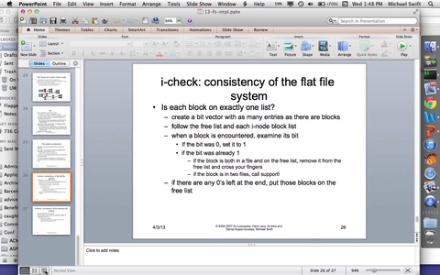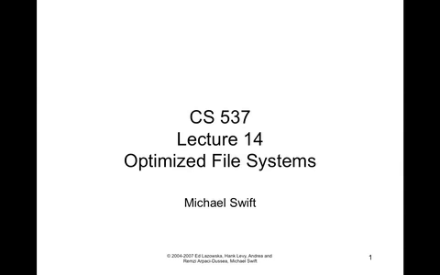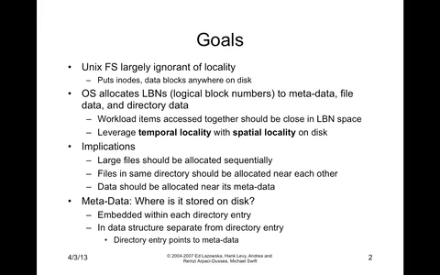Okay, so this ends our discussion of the Unix file system, and I now want to move on to why it sucks, or why we don't use it anymore. When we talked about disks, we talked a lot about how locality matters.